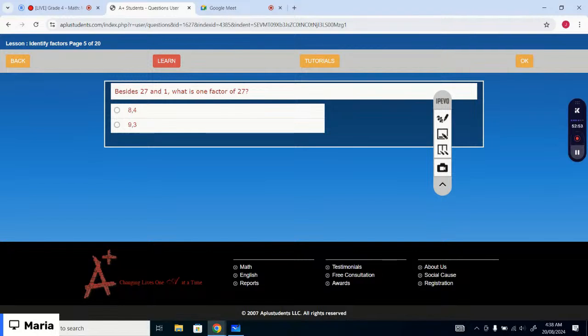Besides 27 and 1, which is one factor of 27? So which is the correct option? 8 and 4, or 9 and 3?